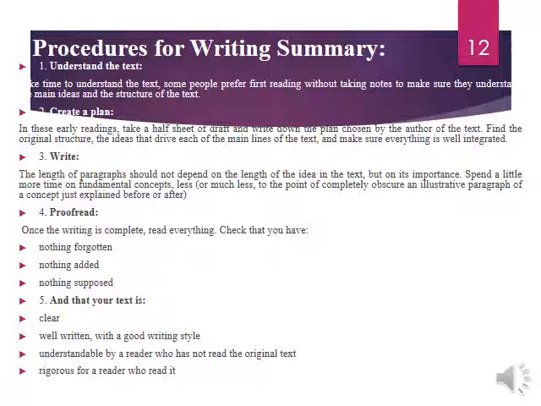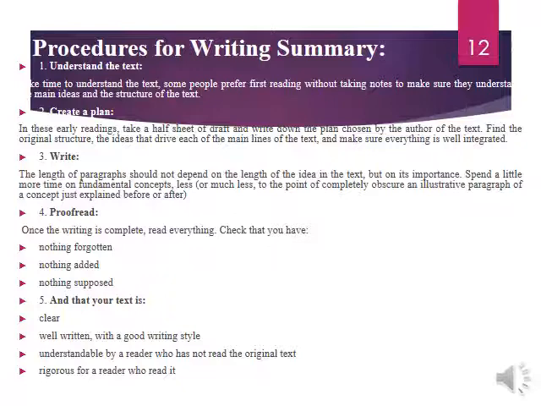The fifth one is that you have to make sure that the text you are summarizing gives a clear picture of the original text, and also that it is well written with a good writing style, and understandable by a reader who has not read the original text.